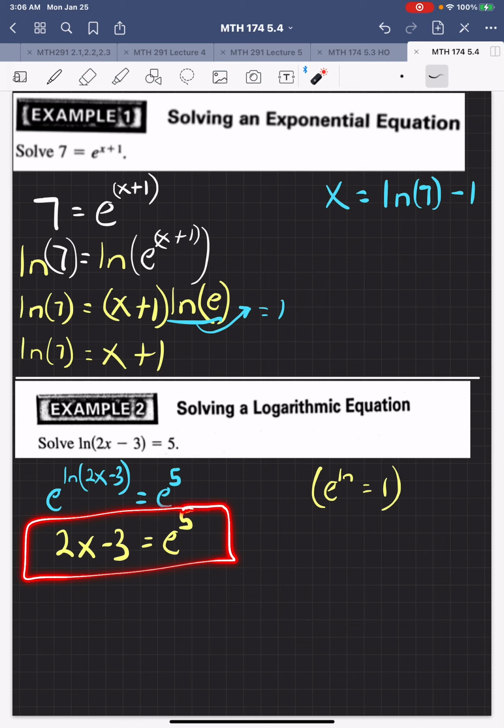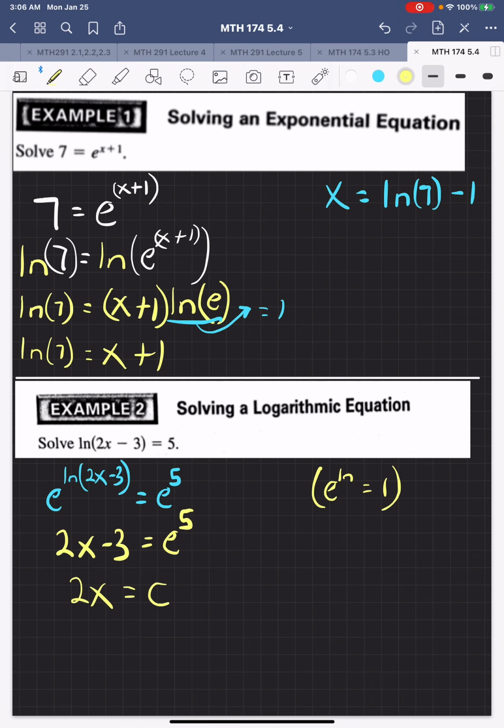I can get x by itself. All right, well, I've got to get rid of the 3, and then I've got to get rid of the 2. So we'll do it in 2 steps. So 2x, to get rid of 3, I've got to add it. So e to the 5th plus 3. And if you want to undo times 2, well, you divide by 2.